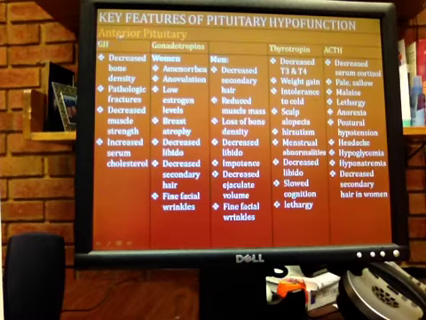Growth hormone comes from the anterior pituitary and directly affects tissues. The anterior pituitary releases your gonadotropins, which then go to the ovaries and the testes to release their hormones, and you get these symptoms from lack of those hormones in women, these symptoms in men.